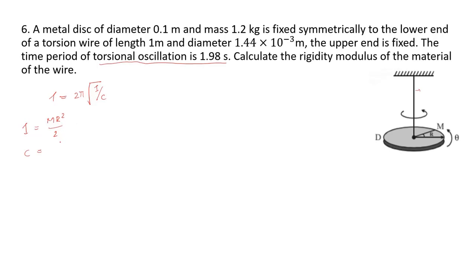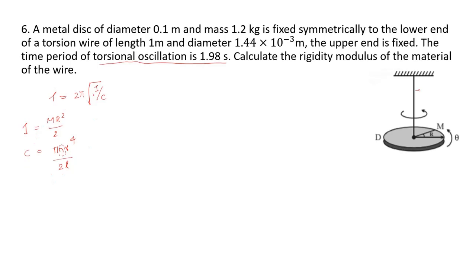And also we have the equation for couple per unit twist, that is pi n r to the power 4 divided by 2l. And we have been given information about T also. So, what we are asked to find is the rigidity modulus of the wire, so eta is what we are asked to find.